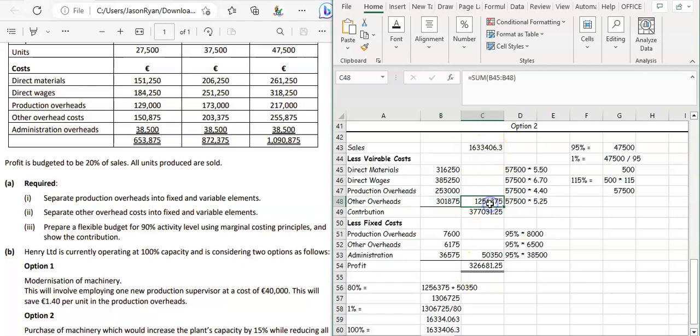So your total variable cost and total fixed cost must make up 80%. We use that to calculate what is 100%. Sales, take away your variable cost, gives you a contribution. Contribution, take away fixed cost, gives you a profit. And that's part B, option 2, completed for the Henry 2021 flexible budgeting question.